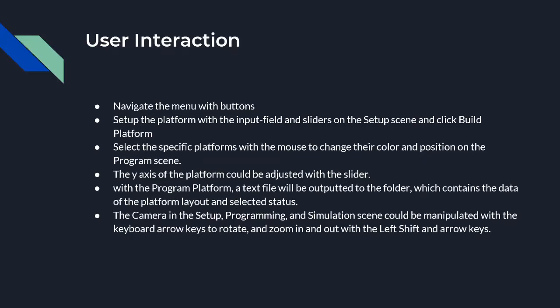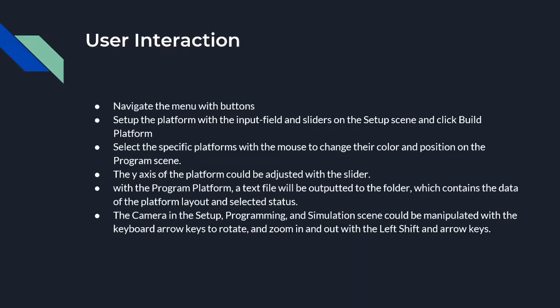In the top panel, we can see that we can navigate through other scenes also. We can move directly to the program scene and main menu using that button, and the values of the m and n will be shown on the top panel.